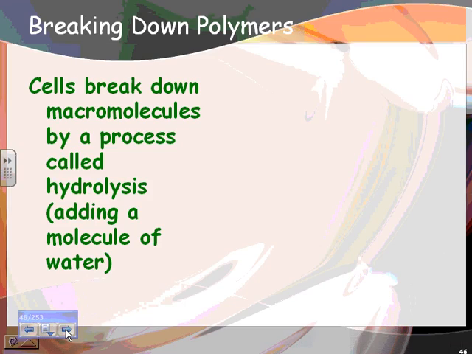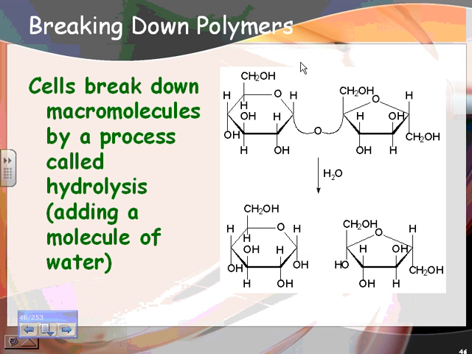So cells break down polymers. Cells break down macromolecules by a process called hydrolysis, which means adding a molecule of water and breaking it apart. So here's the breaking down of a disaccharide. A disaccharide is when you have di means two, when you have two sugar monomers added together. Here's your O, and so let's imagine that O is this O. You take this H2O, which is really HOH.